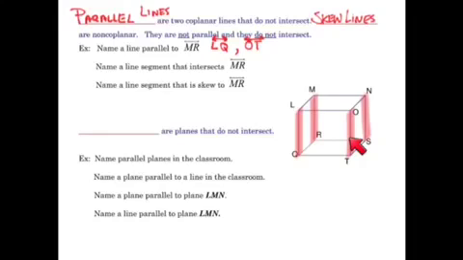So if we want to name line segments that intersect line MR, we have MN, we have RS, and also, just because the line's not drawn there, we could go from this corner to that corner and get OM. That would intersect that line there. So you can see there are lots of lines that are going to work.